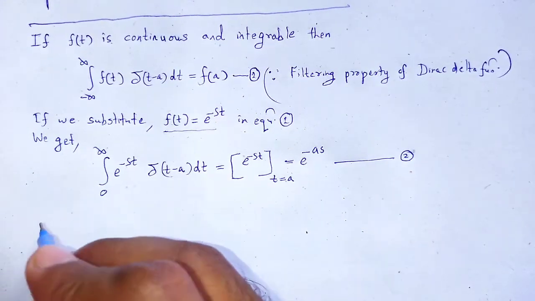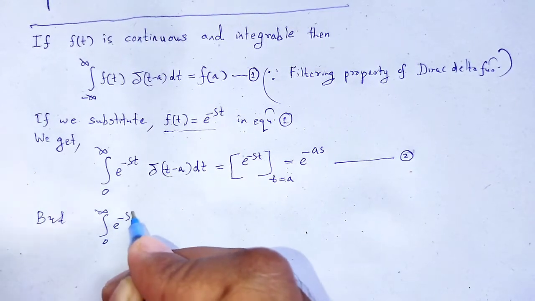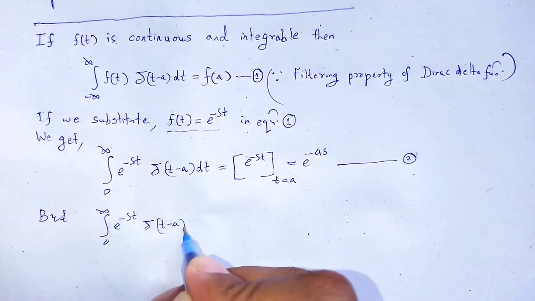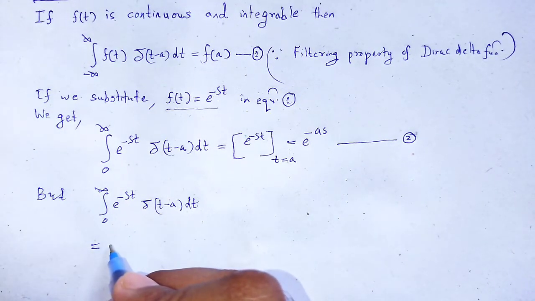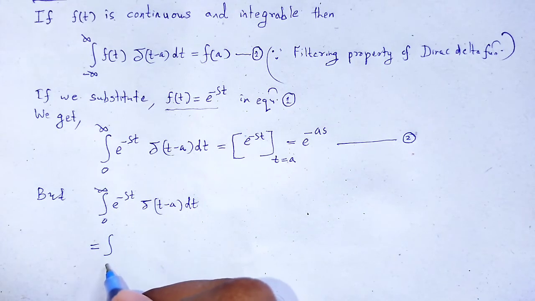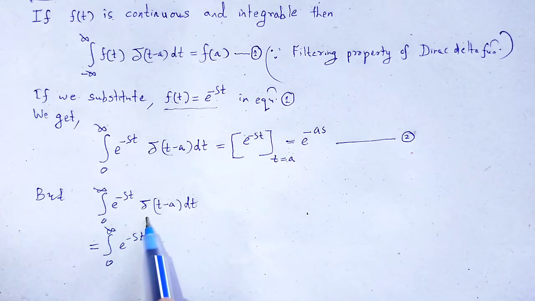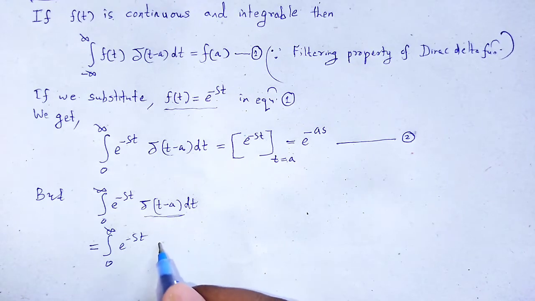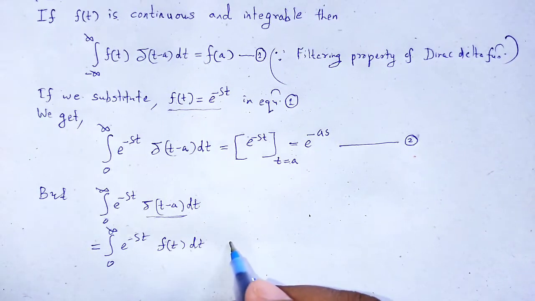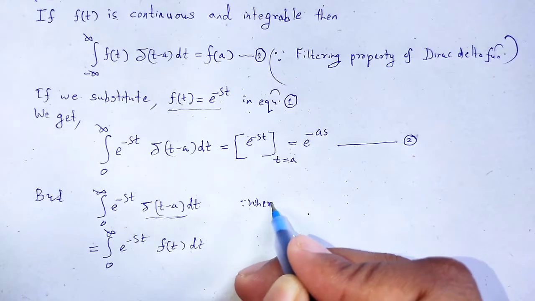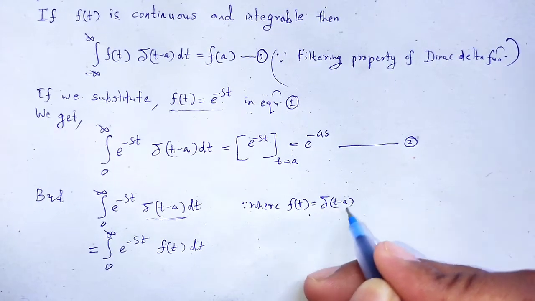But that integral, 0 to infinity e to the power minus st delta of t minus a dt can be written as integration from 0 to infinity e to the power minus st f of t dt, where we use f of t as delta of t minus a.